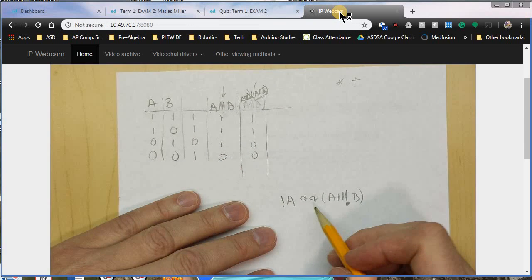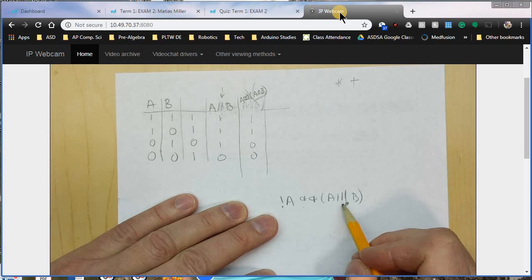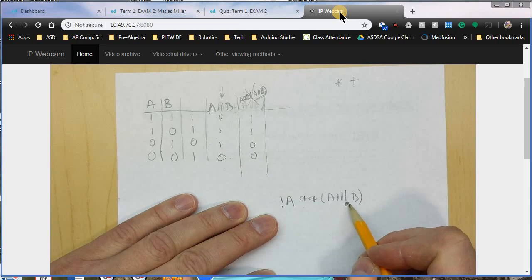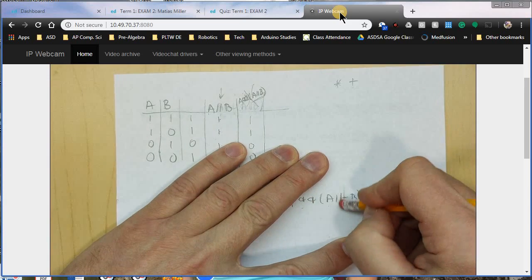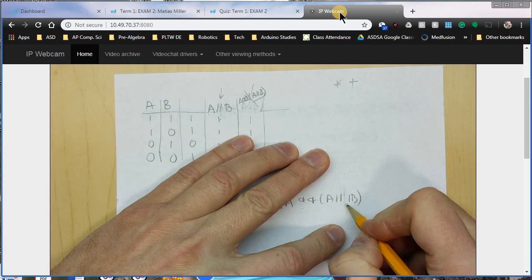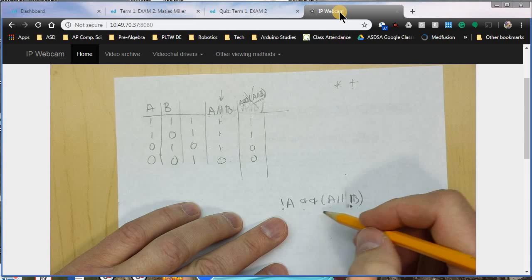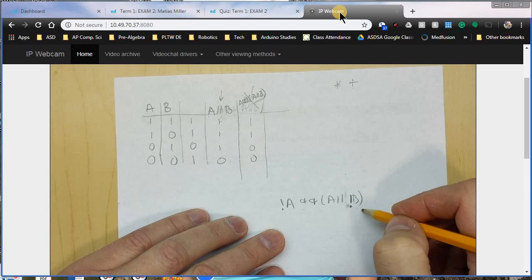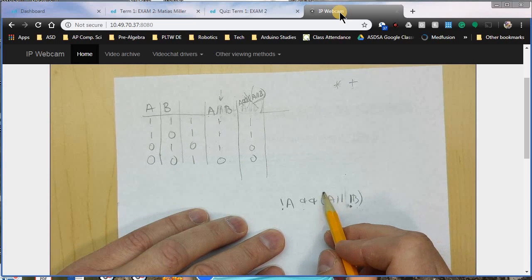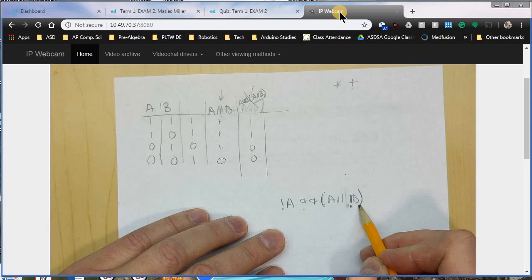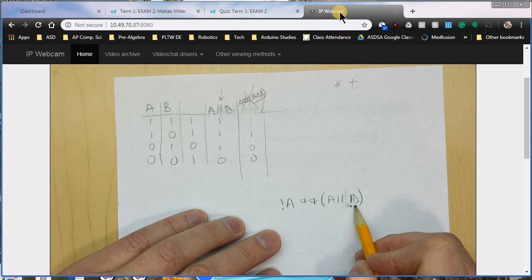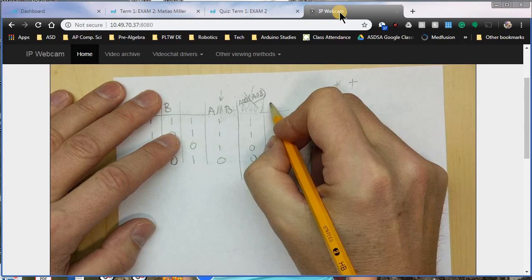So it's A not and A or not B. So this is a little, let me write this a little bit better. So in order to get this one, you have to do this one in parts as well. So what I would do is do the part that's in the parentheses first, but I would negate my B first of all. So it's going to be like B not.